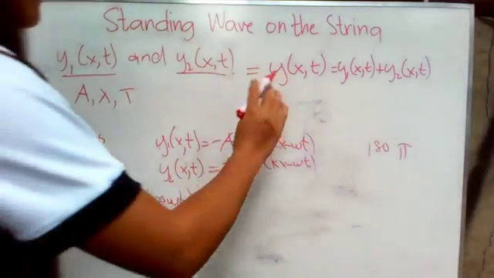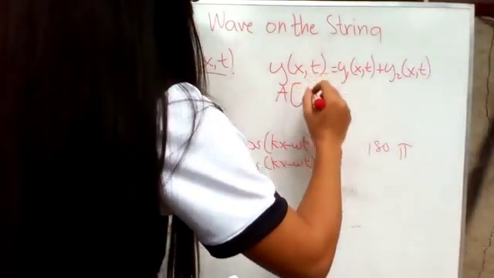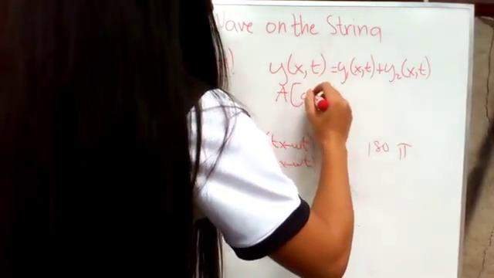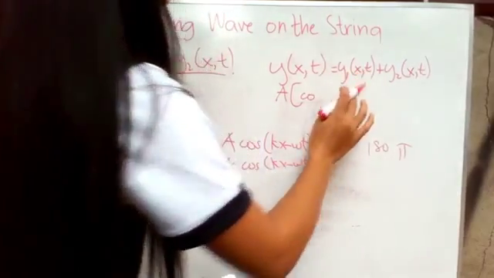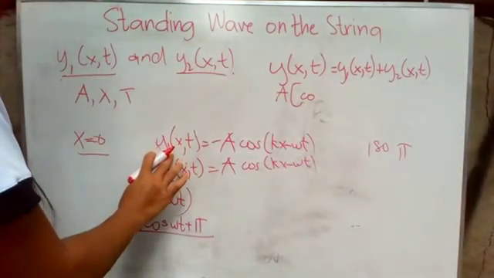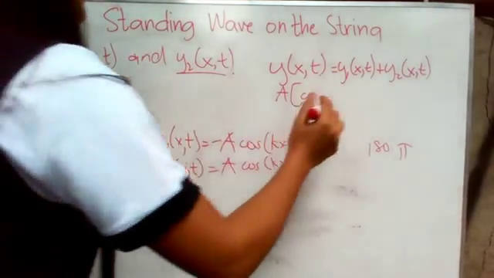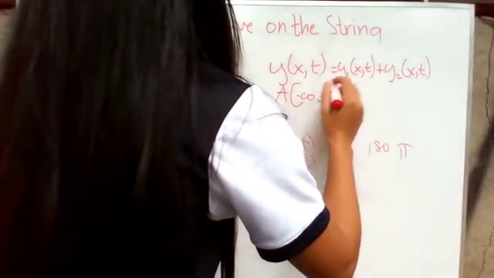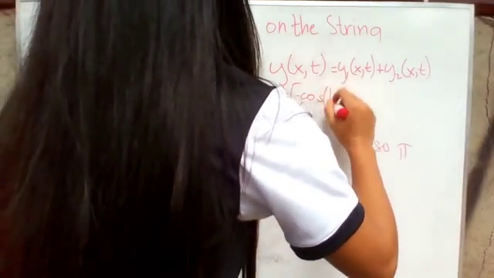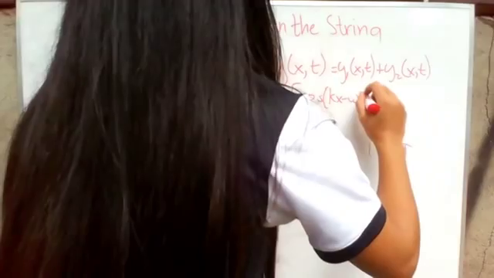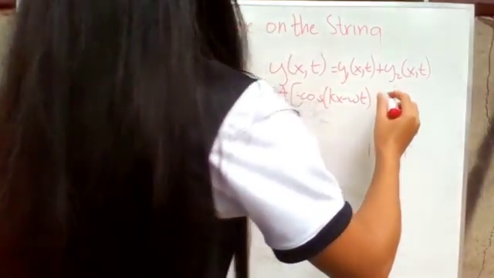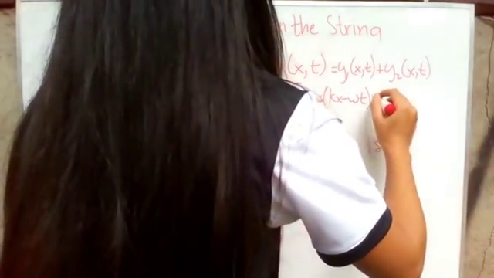Since the incident wave is negative, we have negative cosine of kx plus omega t plus cosine of kx minus omega t.